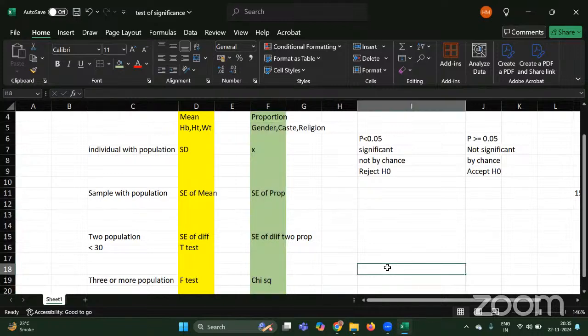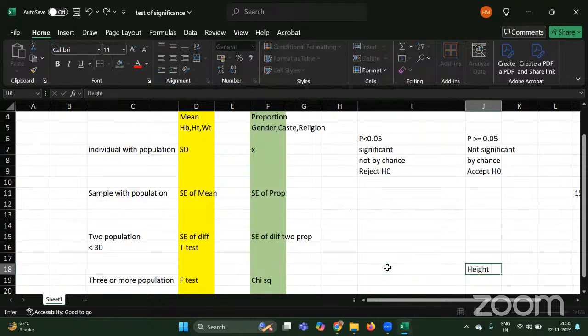So in that case, suppose we have two variables, height and weight. We want to compare these two in, let's say, 100 individuals. So we make a regression analysis and we want to find out the correlation coefficient.